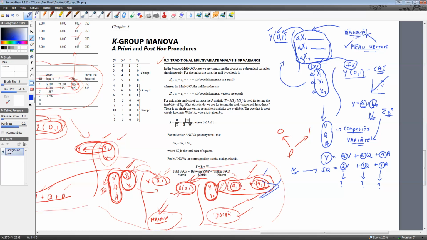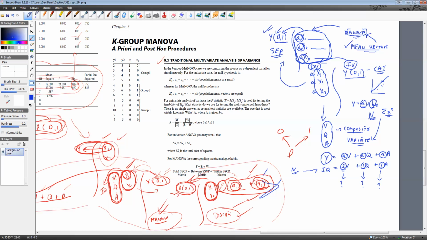What we'd like it to do is separate these groups as much as possible, maximum separability. That's exactly how the discriminant function is choosing the weights of that linear combination. It's choosing weights so it maximizes group differentiation. In other words, no other weights will do a better job at separating those groups.